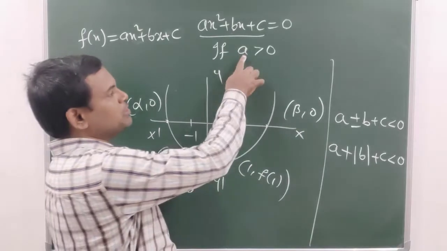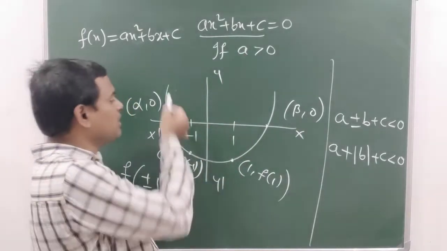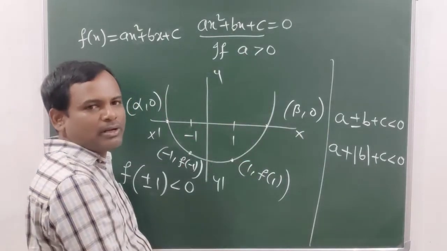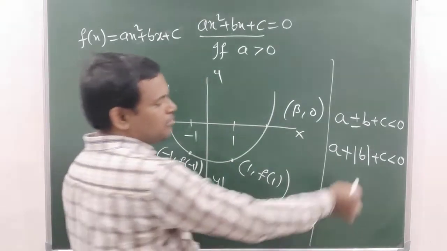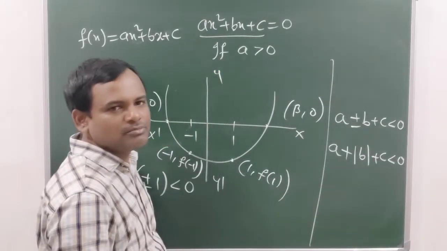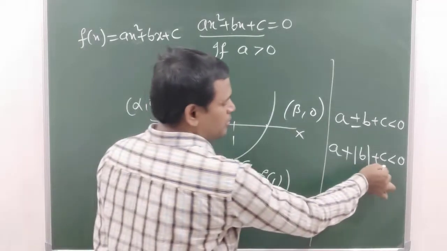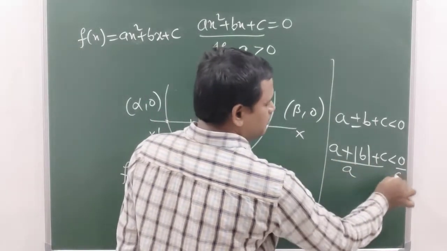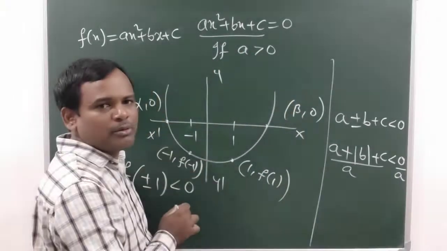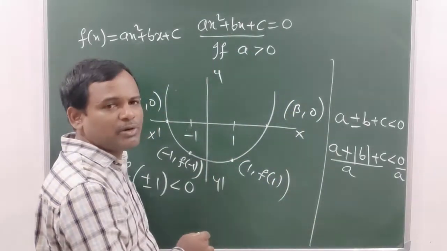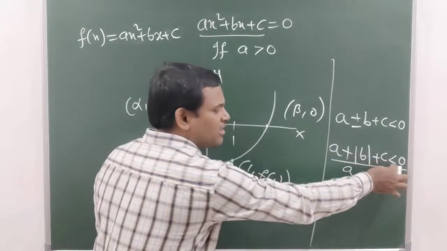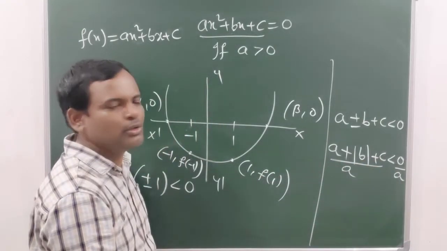Now a is a positive quantity, so we have got a parabola which opens upwards. Now in this inequation, we must divide both sides by positive a, because a is positive. When you divide both sides with a positive quantity, it will not affect the inequality symbol. You know that.